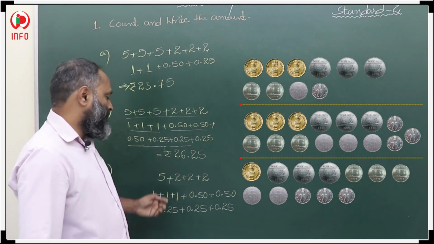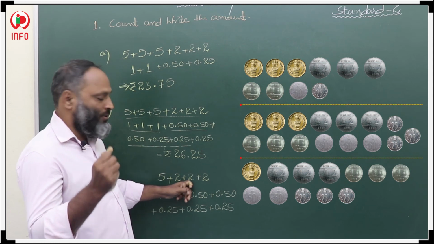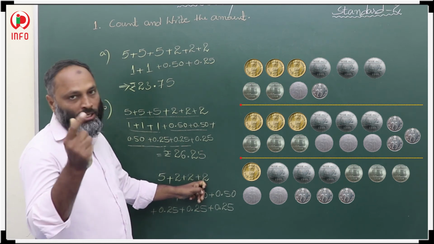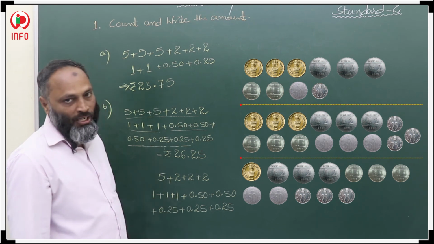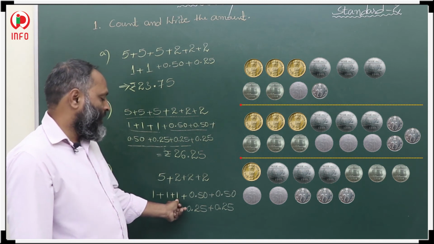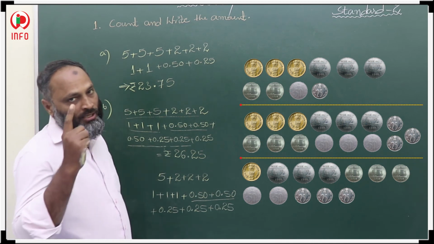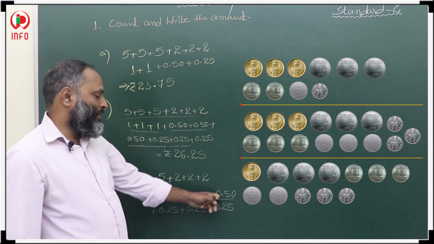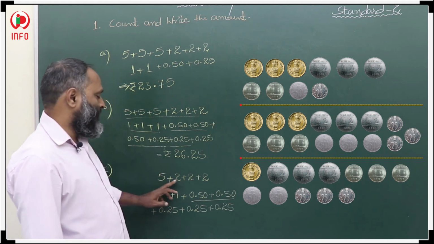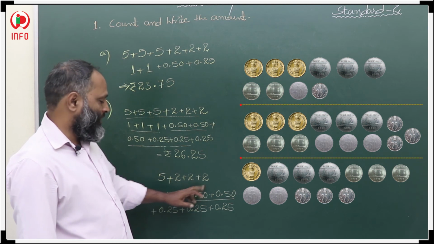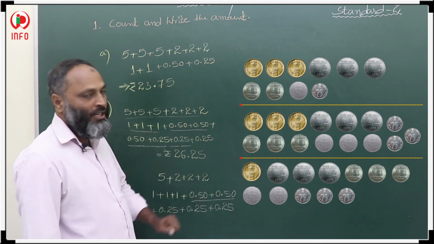Now first we have to add the rupees. 5 plus 2 is 7, plus 2 is 9, plus 2 is 11, plus 1 is 12, plus 1 is 13, plus 1 is 14. Till here 14 rupees. Then 0.50 and 0.50, two 50 paisa coins, that is 100 paisa, which means 1 rupee. 14 plus 1, 15 rupees.